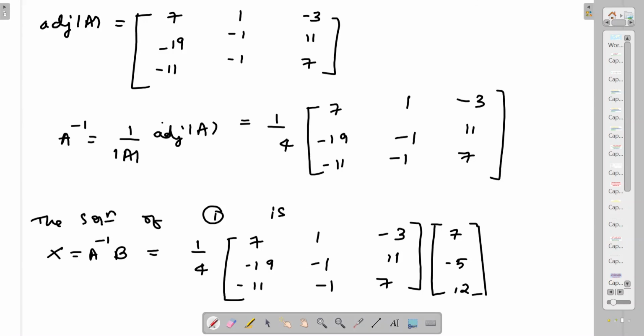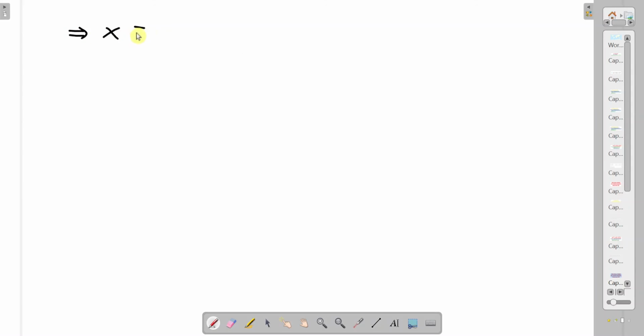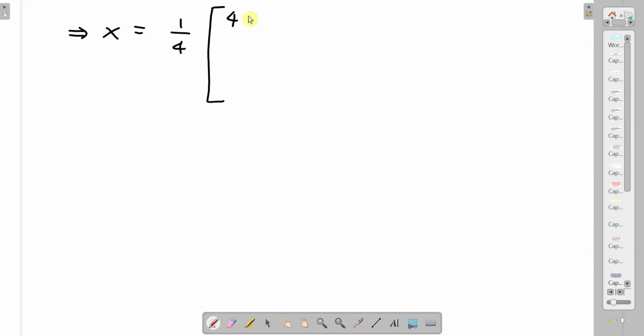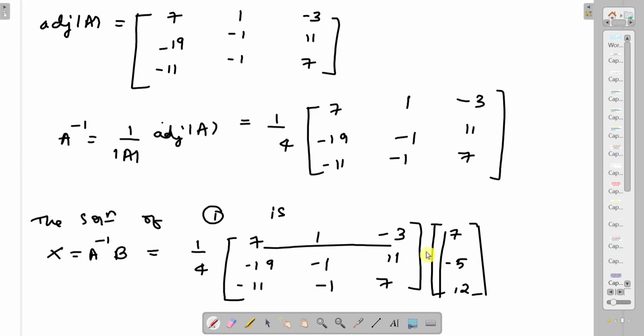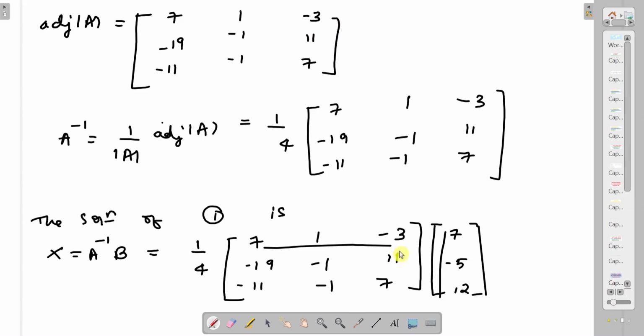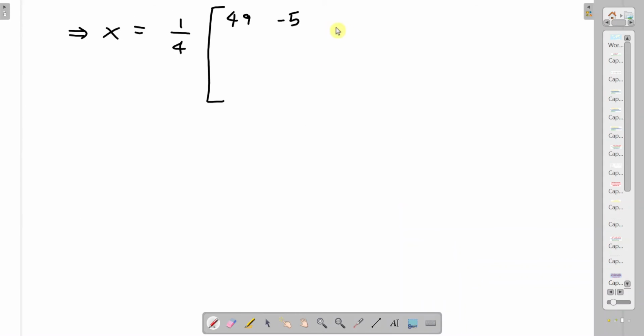So capital X is equal to 1 by 4. We have to multiply the matrices. So first row, this column, 7 times 7 is 49. Okay, 1 times minus 5 is minus 5, and minus 3 times 12 is minus 36.